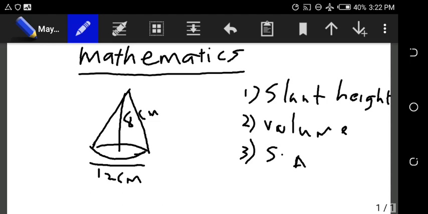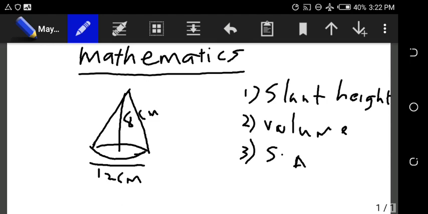So let's go ahead and see how we can solve this, but I'm going to make another drawing of this cone. But before I do that, remember that in our cone, 12 cm is the value of the base diameter, the diameter of the circular base of the cone, and we know that the diameter is 2 radii. When you multiply your radius by 2, you get a diameter.